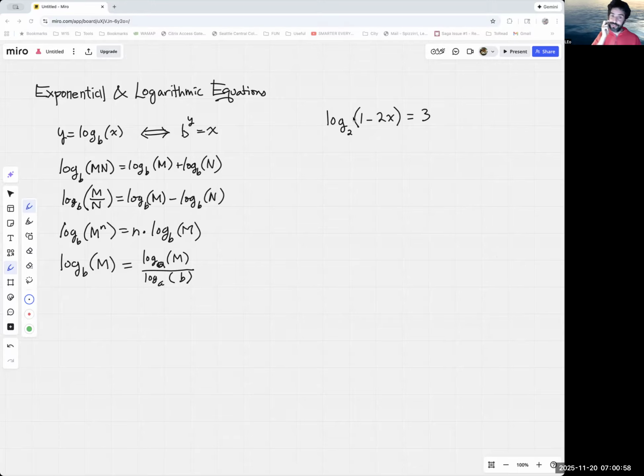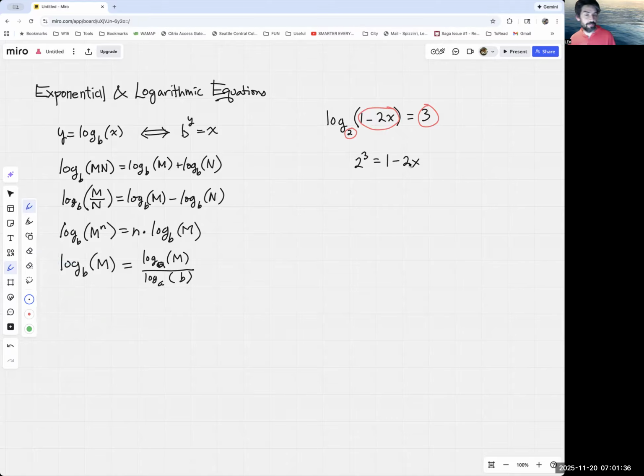In this case, I just need to appeal to the basic definition of a logarithm. This statement, if we think carefully about it, I'm going to use this first, our definition of logarithm, and just notice that this is my b, this is like my x, and this is like my y in this first statement over here. And with that map, this means 2 cubed is equal to 1 minus 2x, right?